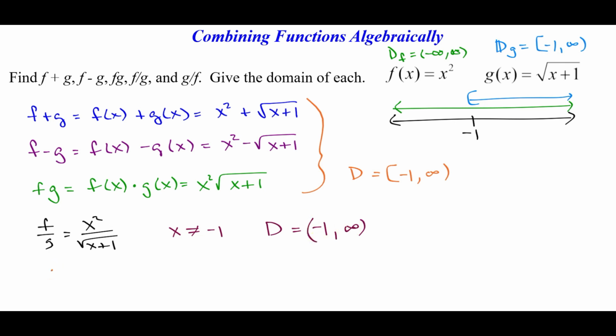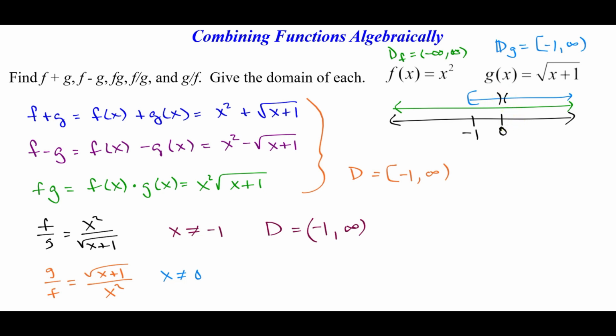If we look at the quotient the other way, g over f, we're going to get the square root of the x plus 1 over x squared. In this case, what's going to make my denominator 0 is the number 0, so x cannot be 0. So now we're going to come up to the number line and we need to remove the value of 0.